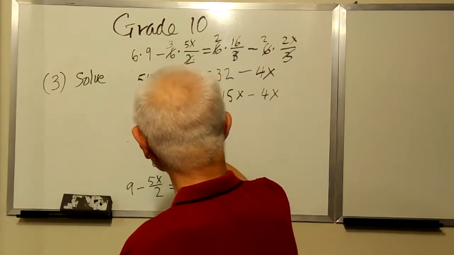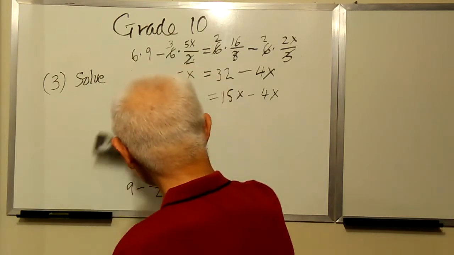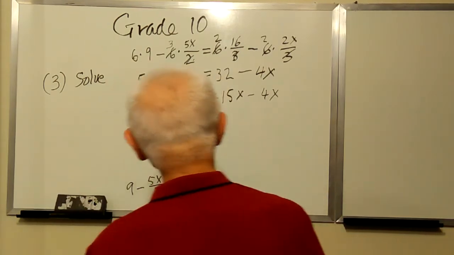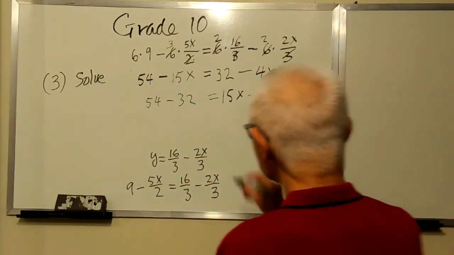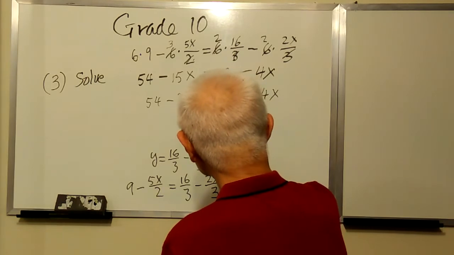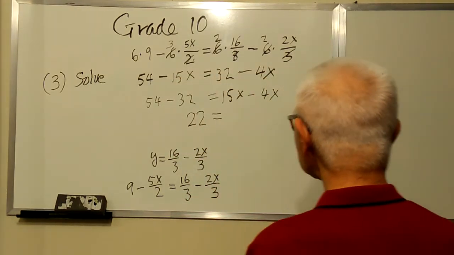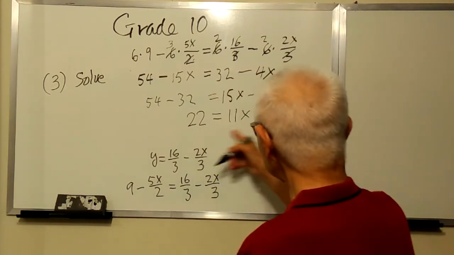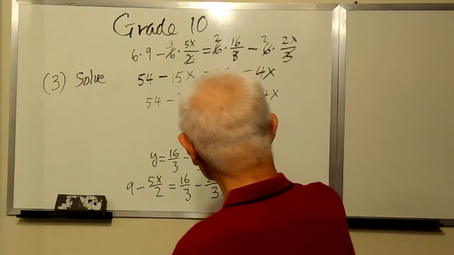So I have 54 minus 32. 54 minus 32 is 22. And 15x minus 4x is 11x. And from this, you can see easily x is 2.